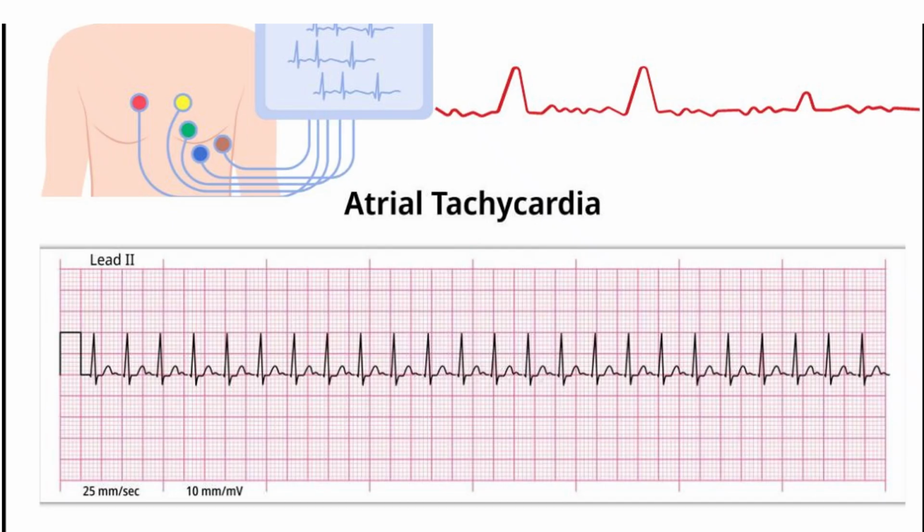As I said, SVT is a term we use to describe a type of tachycardia that's occurring above the ventricles where the P wave, we can't identify what's going on. So we use this umbrella term until we can slow that heart rate down to figure out what rhythm it actually is. Well, atrial tachycardia is just one of the many umbrella terms that fall under SVT. With atrial tachycardia, most of the time it's going to be paroxysmal in nature, meaning it's going to come in small fits and then go away.